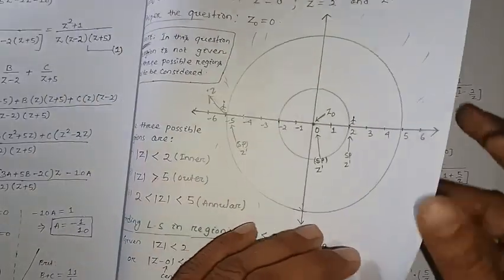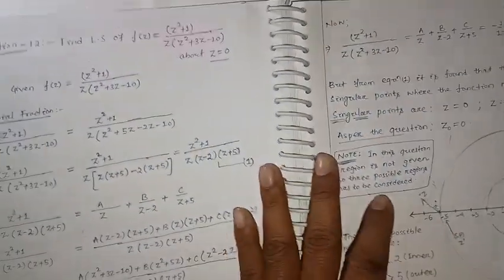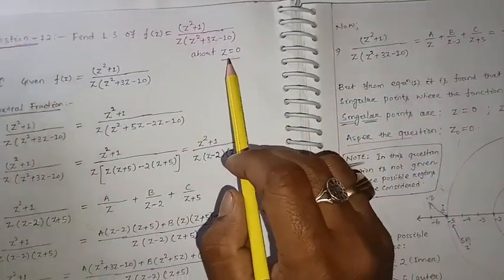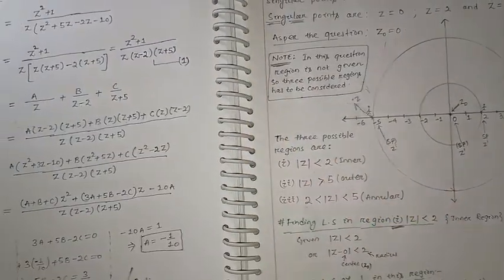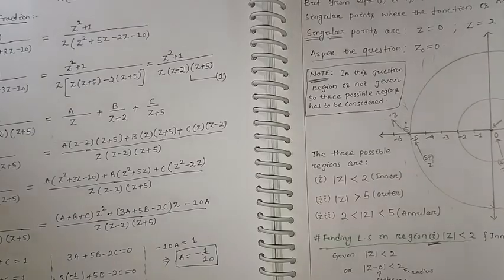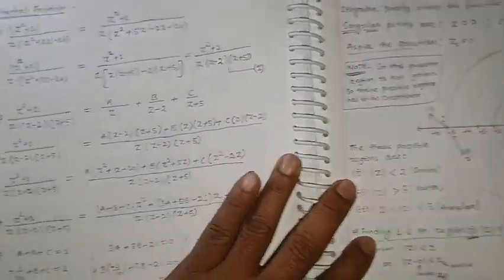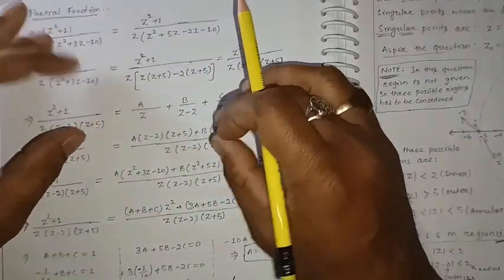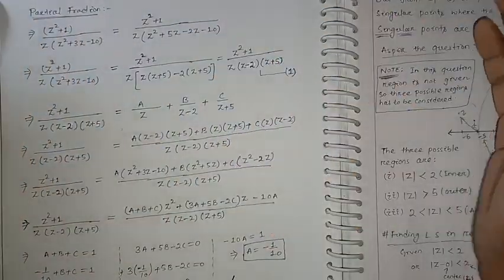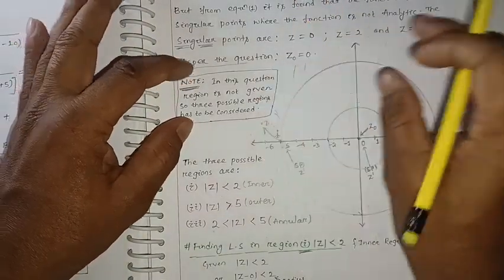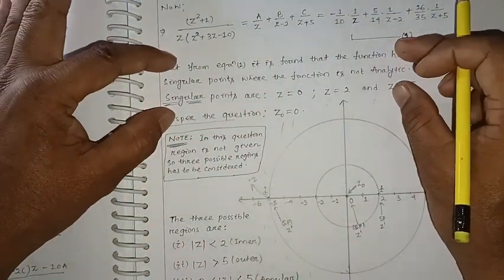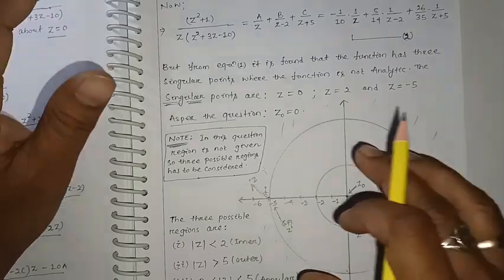Here I am going to again suggest that if this type of question has been given, you have to consider these three regions. Here you may get confused. For 6 marks, you need not write this much. What you have to do is squeeze the partial fractions and do them elsewhere. That means you just do it in your rough work, and this note you should not write. These 3 to 4 lines I have written for you, you should not write.